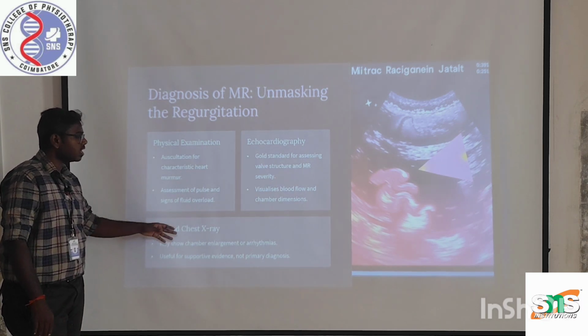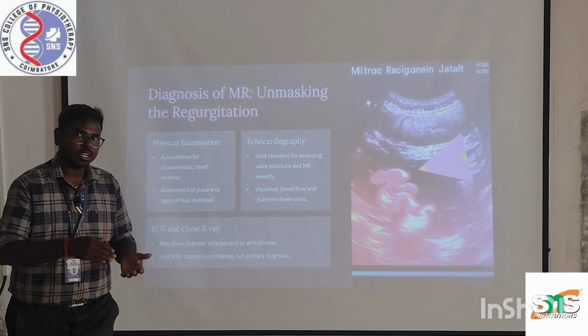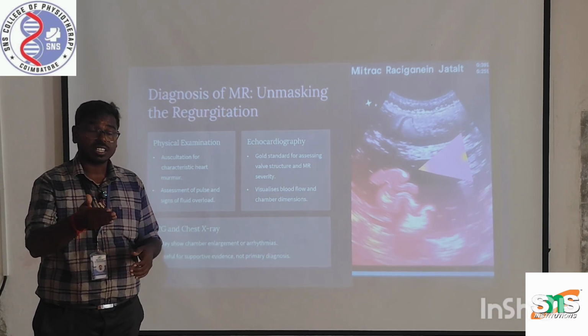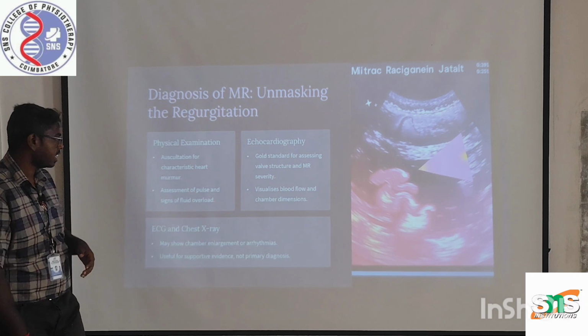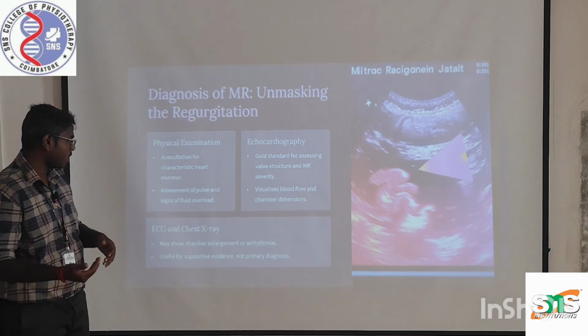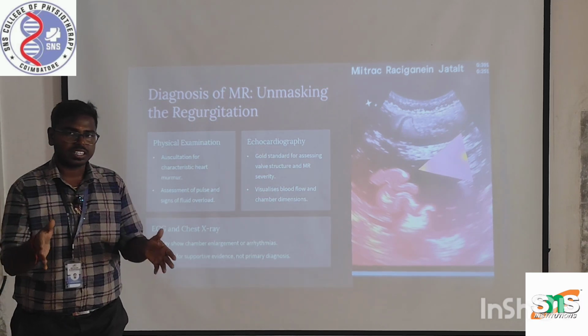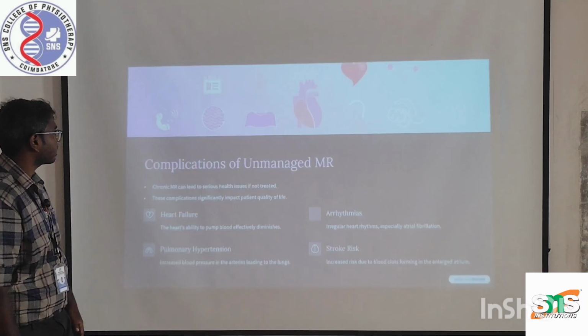Then the ECG and chest X-ray. The ECG shows the abnormality in the electrical events of the cardiac cycle, and the chest X-ray shows evidence of enlargement in the heart region.